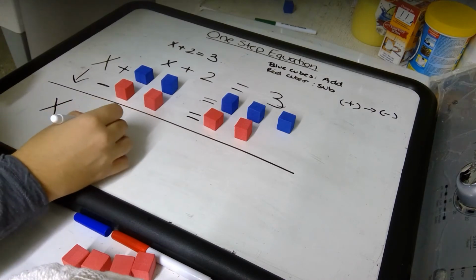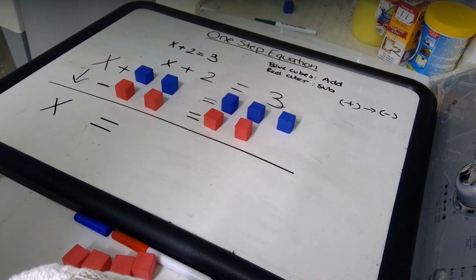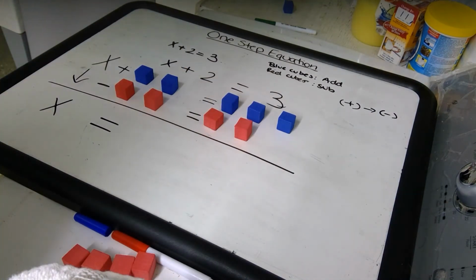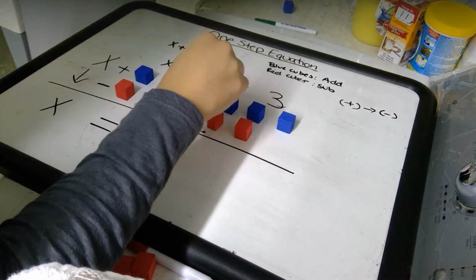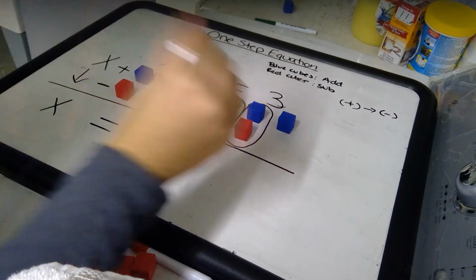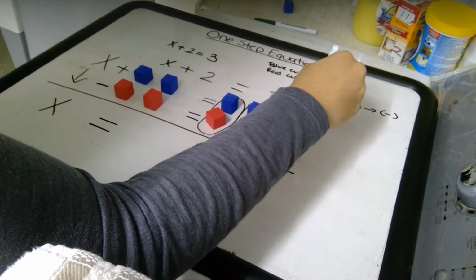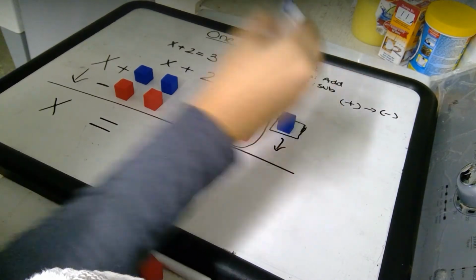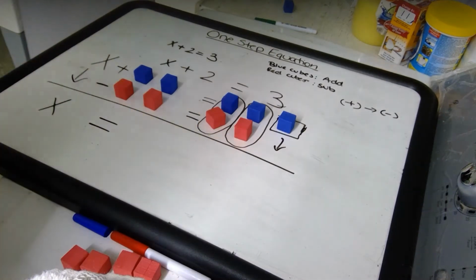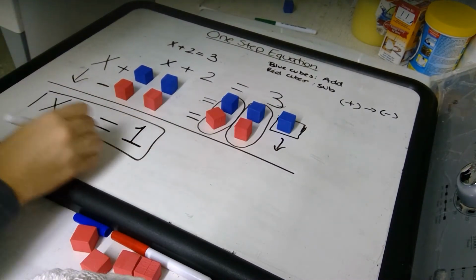So you don't have to write anything. Now we have to look at how many cubes get canceled. So here we see how this one and this one have opposite colors, and this one is the only one that is left that doesn't have a partner, you could say. So this cancels out. And how many cubes do we have left? 1, right? So x equals 1.